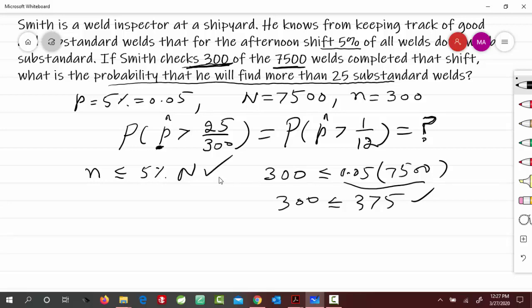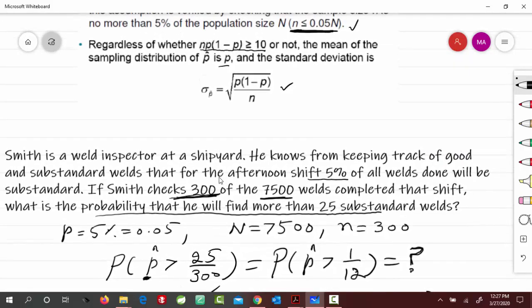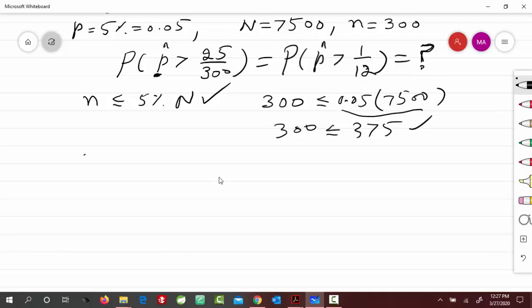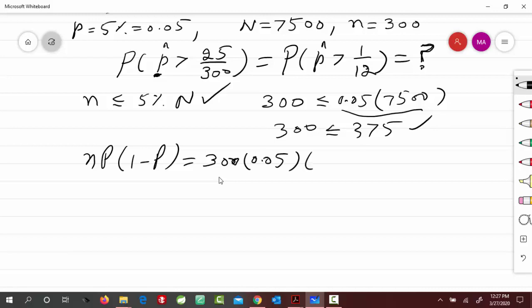The second condition again was np times 1 minus p. This should be greater than or equal to 10. So let's check that. np times 1 minus p: n is 300 and p is 0.05, and 1 minus p would be 1 minus 0.05. This gives 14.25, which is definitely greater than 10.